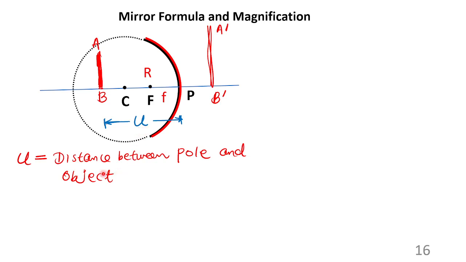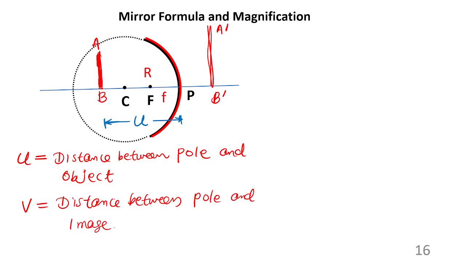And there is another term V. V is the distance. There are 5 important letters. V is the distance between pole and image. If the diagram is like this, I'm not saying the diagram always looks like this; the image position changes actually.